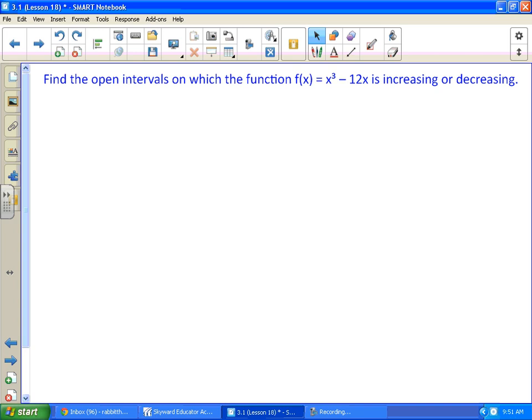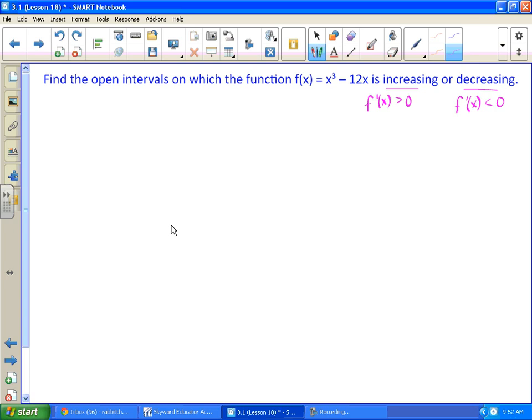So if we want to find where it's increasing or decreasing, when is it increasing? When the first derivative is what? When it's greater than 0. And it's decreasing when the first derivative is less than 0. So you might just want those little notes on there for yourself.